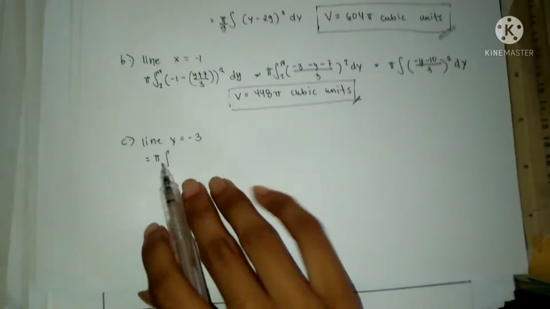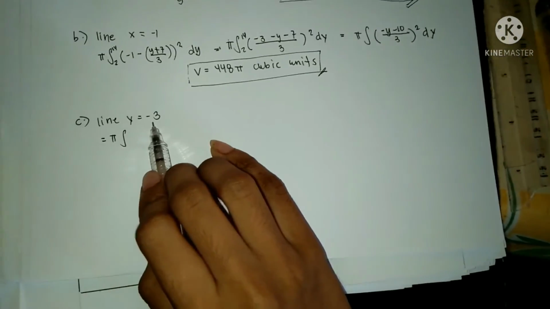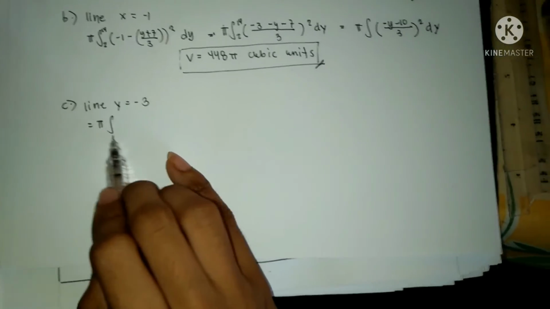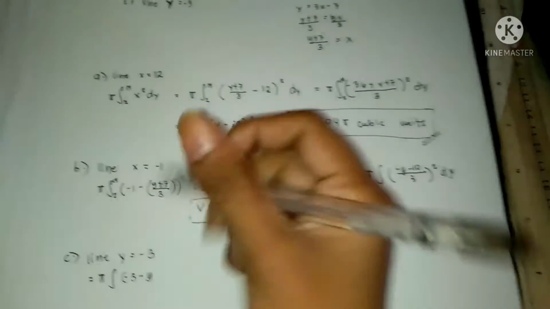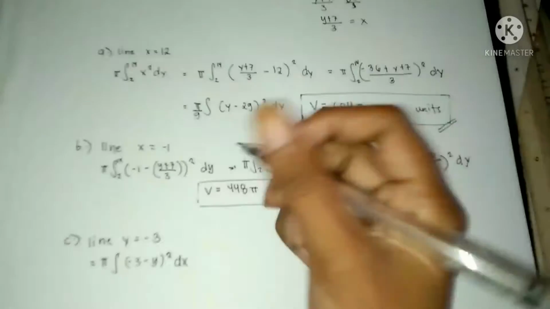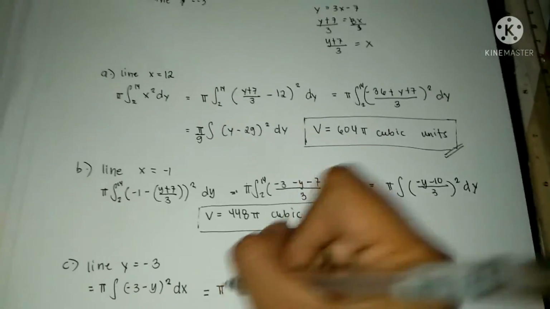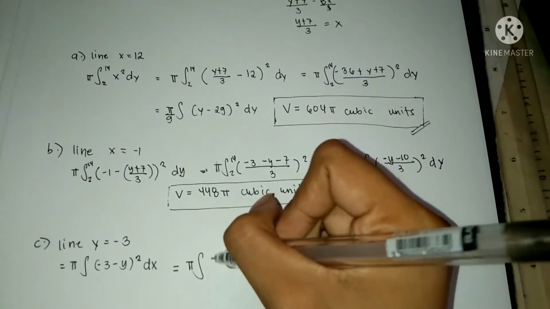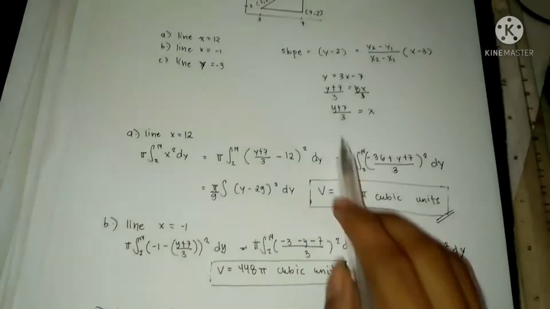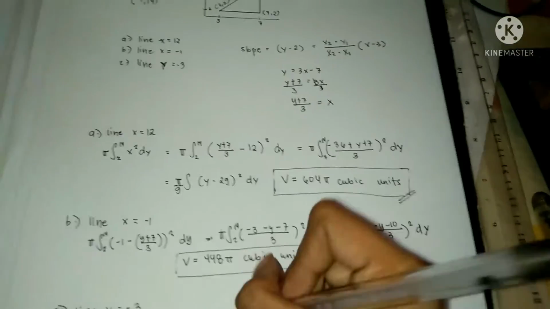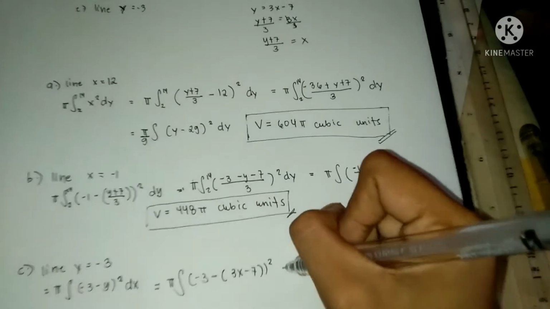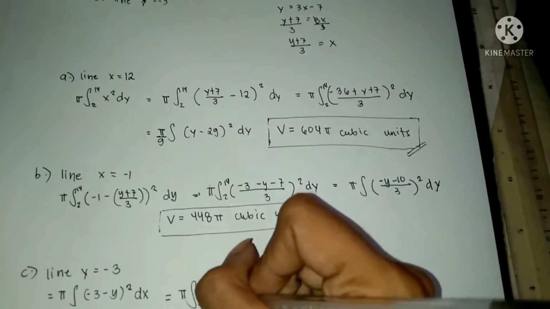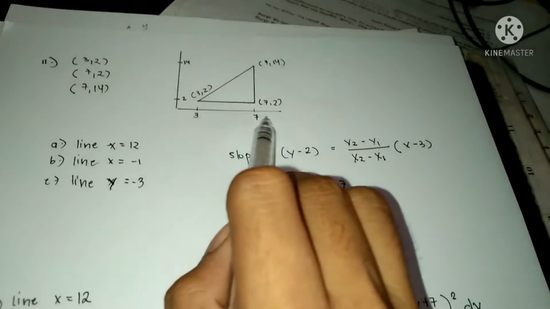So next to compute is the line y is equal to negative 3. So it is equal to pi, the integral of negative 3 minus y, squared dx. Plugging in the value of y, which is y is equal to 3x minus 7, so negative 3 minus the quantity 3x minus 7, squared dx, from 3 to 7.